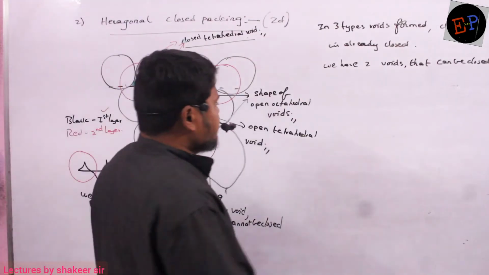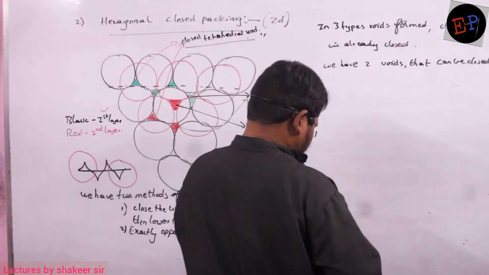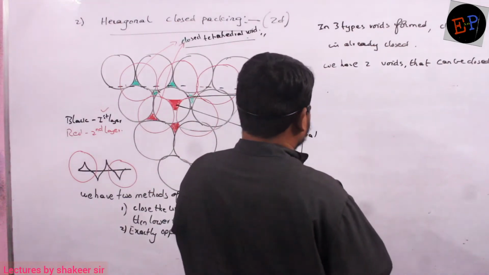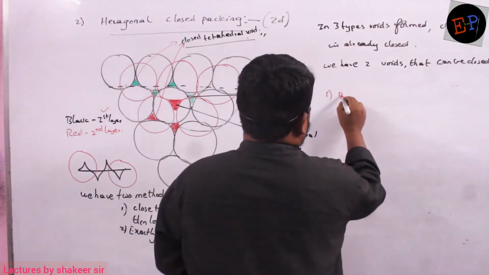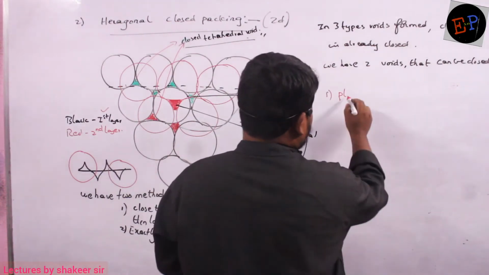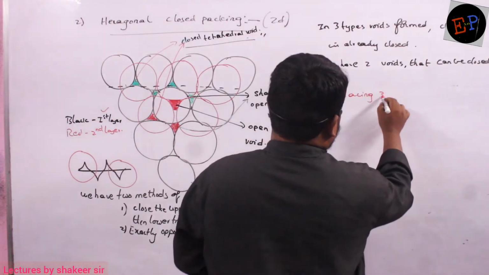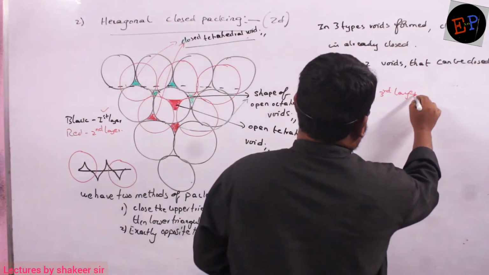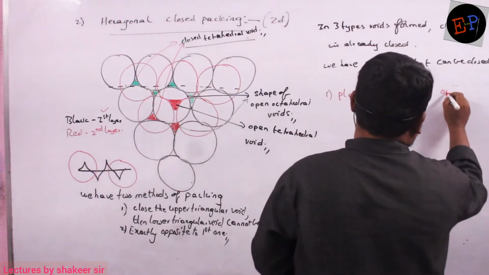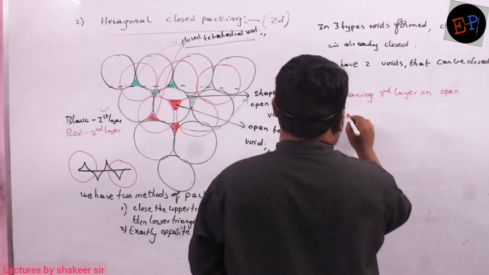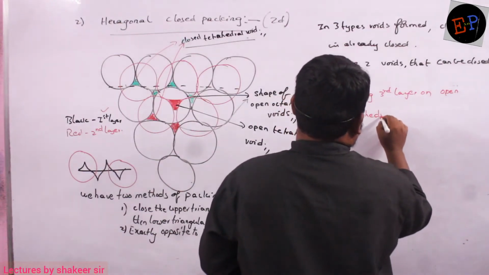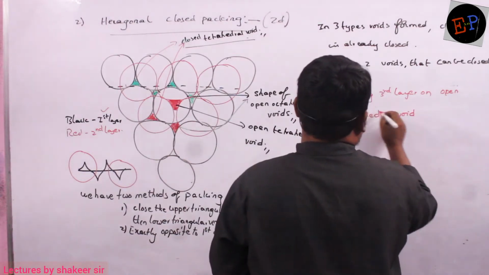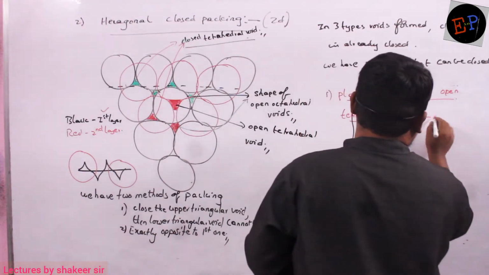Now see, first, placing the third layer on the open tetrahedral void. Now there are 2 methods in which I can place the third layer.